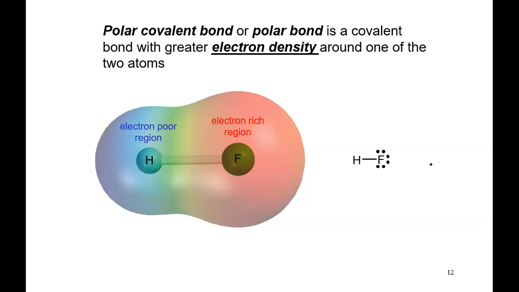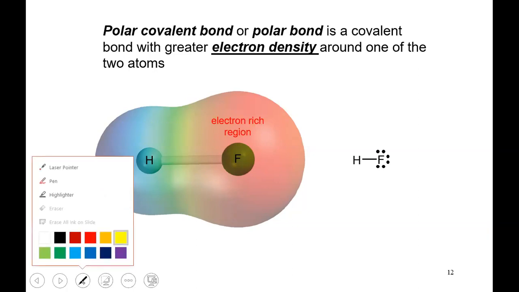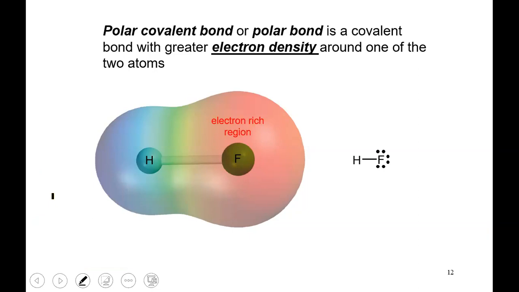In other words, it's almost like the electrons are displaced. Let's see if I can get this thing to work here. The electrons seem to be displaced more towards the fluorine atom. In other words, they're not equally shared. They are not right in the middle between the two atoms. They're displaced somewhat towards the fluorine.